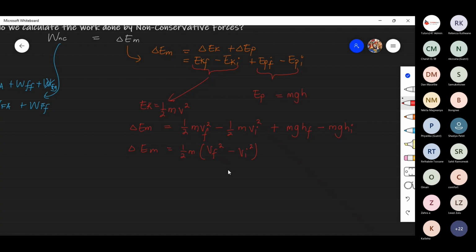That is just our kinetic energy component. Now, if you look at the potential energy part of it, we can see that we have mg as our common factor. So that is what we are going to take out, and we'll be left with the change in height, or h final minus h initial. So that is all that we're going to do for the right-hand side of our equation.